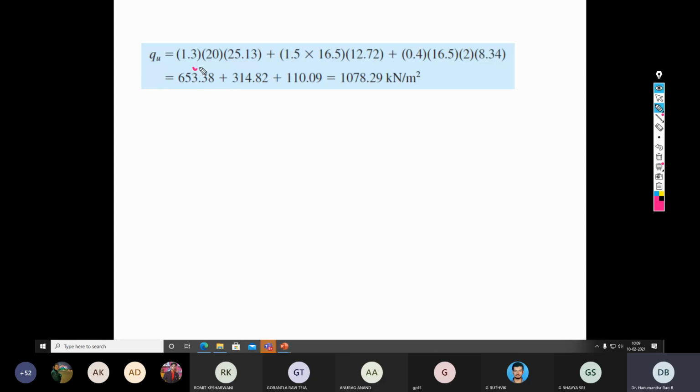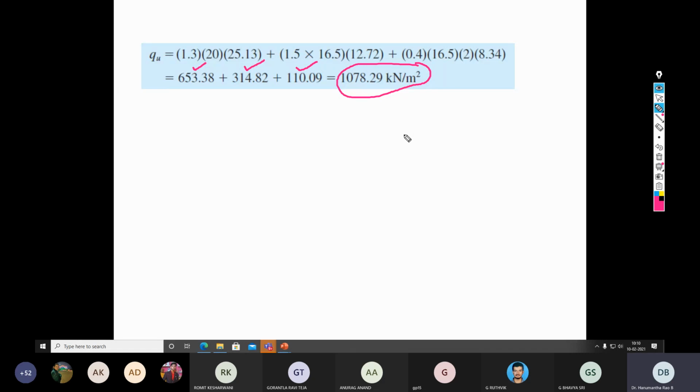The first is called the cohesive term, the second the overburden term, and the third the self-weight component. The summation of these three is the ultimate bearing capacity of the soil.